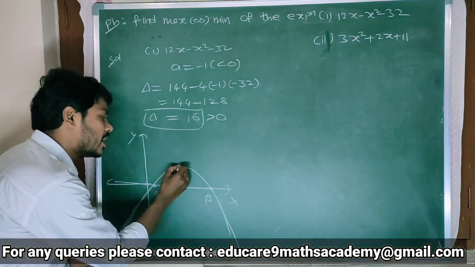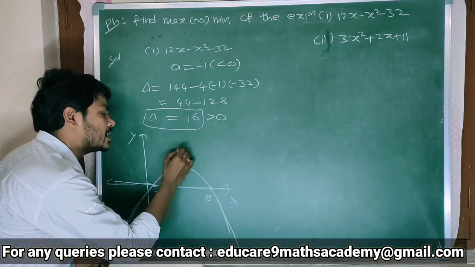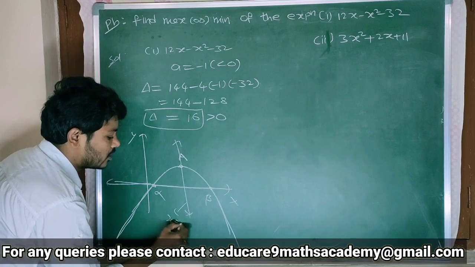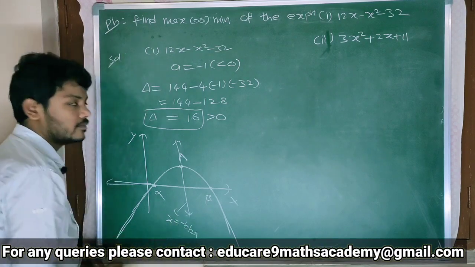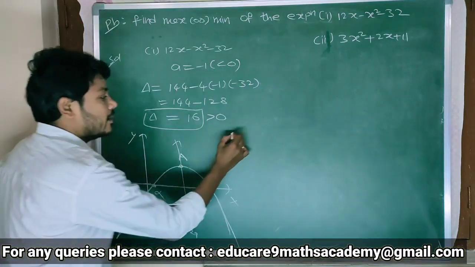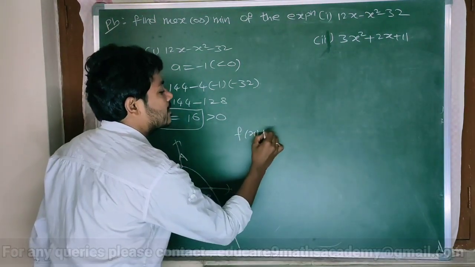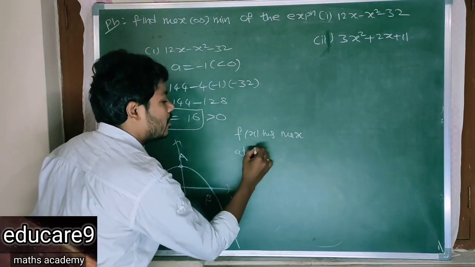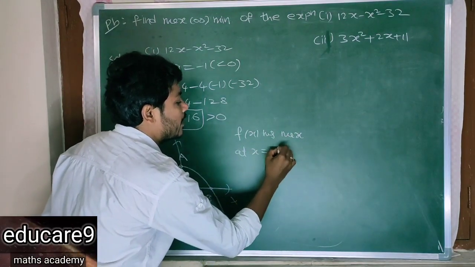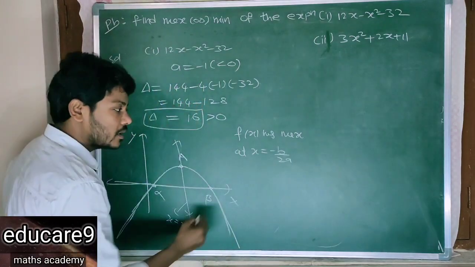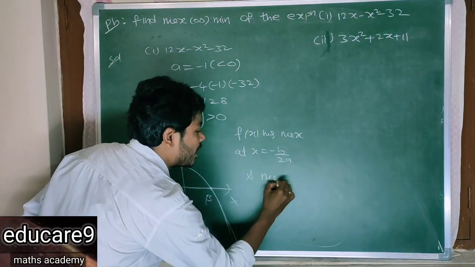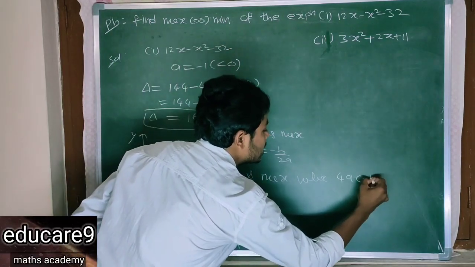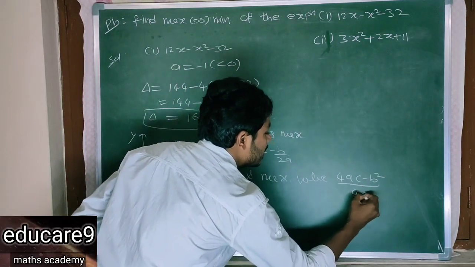So what is the maximum value? The maximum value occurs at the vertex. This is x is equal to minus b by 2a. So clearly f of x has a maximum at x is equal to minus b by 2a, and the maximum value is (4ac minus b square) by 4a.